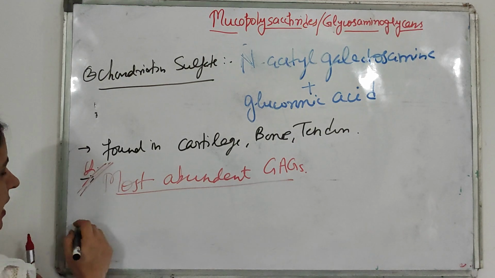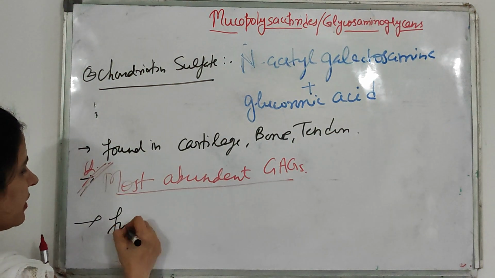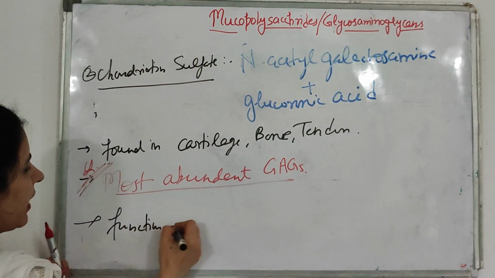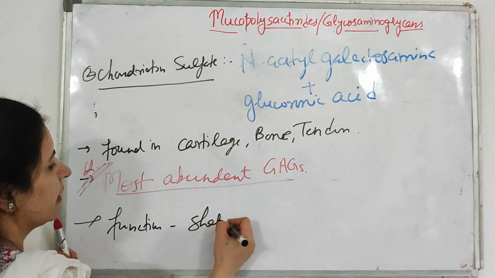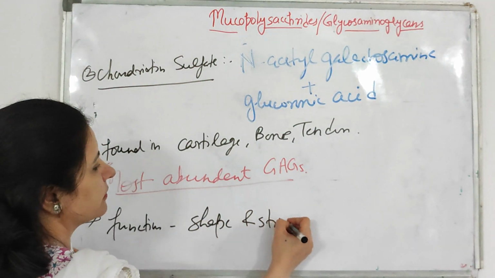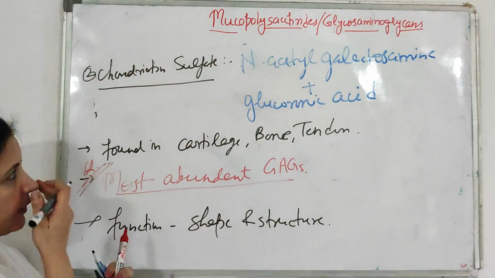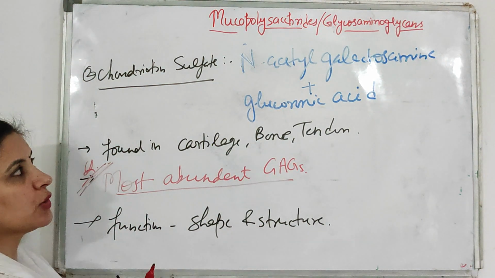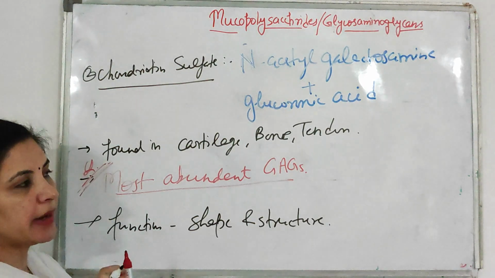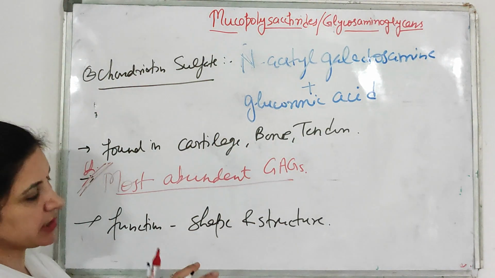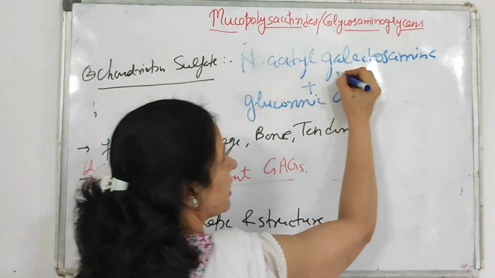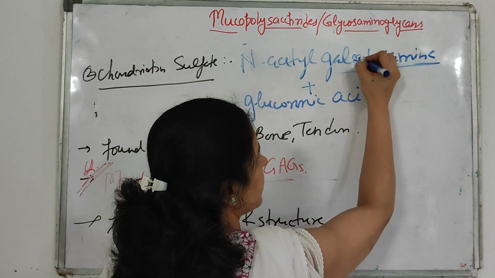So it is present in cartilage, bone and tendon. What is its function? It provides shape and structure. So once again, remember, chondroitin sulfate and dermatan sulfate are the only GAGs which consist of N-acetyl galactosamine.